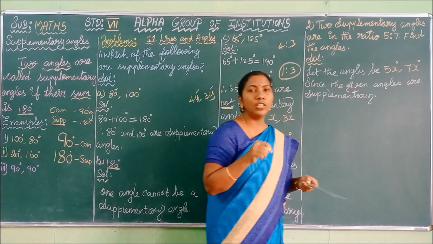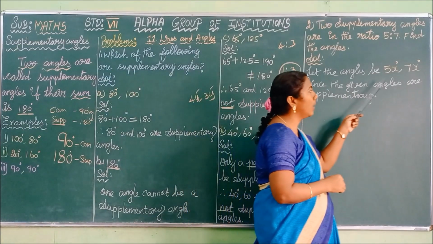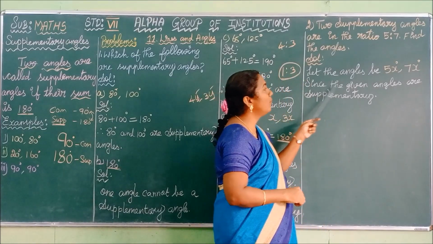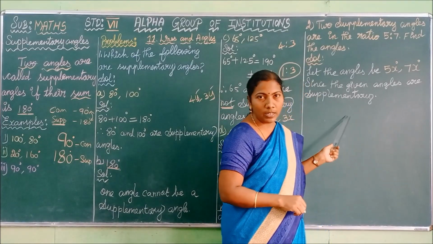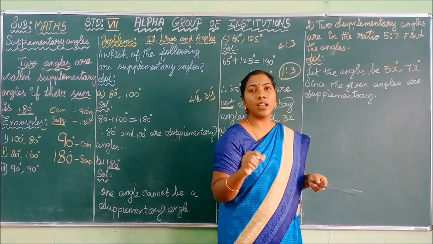Why are we using degree here? Because we are going to find the angles, so here I am using the degree symbol. Since the given angles are supplementary, if you add these two angles, it gives the answer 180 degrees.